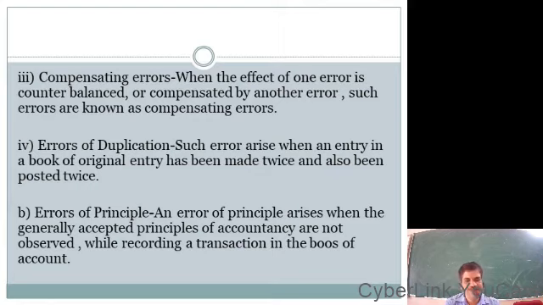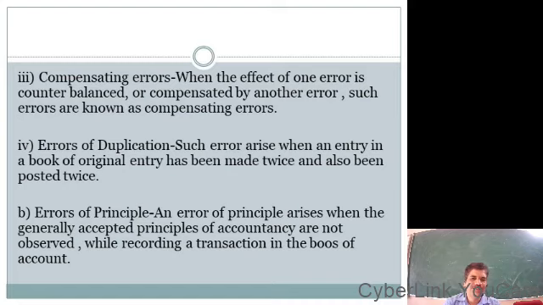Now we'll go for the next category of error, that is error of principle. So what actually is the error of principle? Okay, so we will study the error of principle.